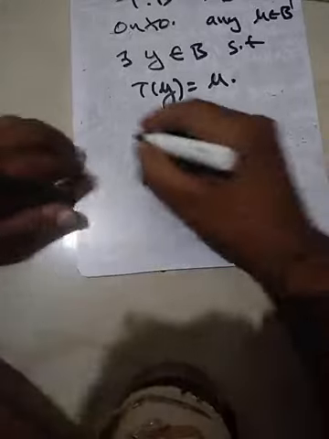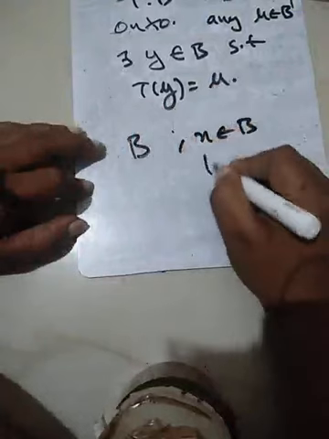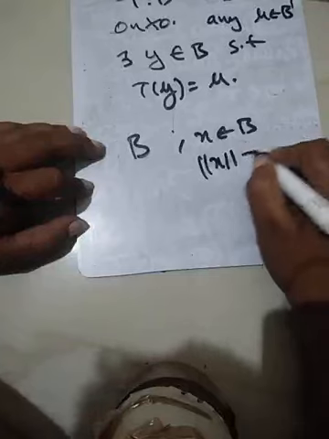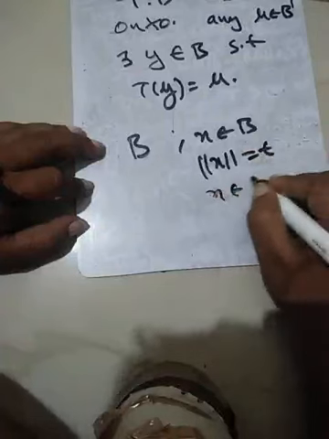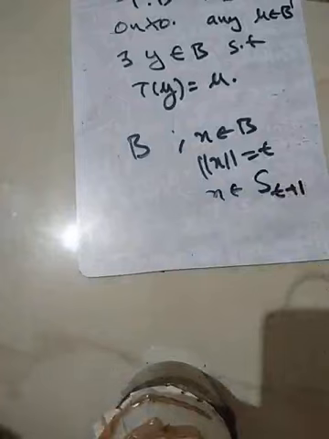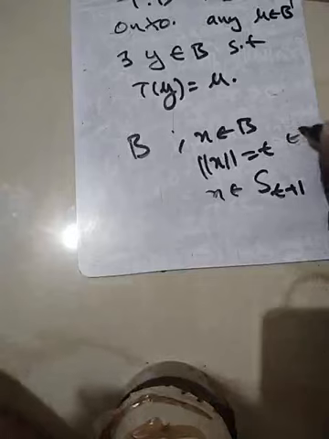In B, if you take any x, the norm of x is a fixed real number, say t. Then it is clearly easy to see that x belongs to S_{t+1}, since norm of x is strictly less than t+1. If t is a natural number, that works.